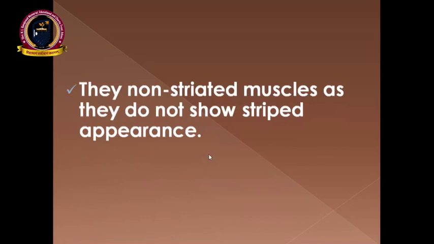The non-striated muscles are smooth muscles. They do not show any stripes on them. That means there are no light and dark bands. That is because here the contractile elements, the actin and myosin, are arranged in the form of a network. They are not arranged in the form of bands.